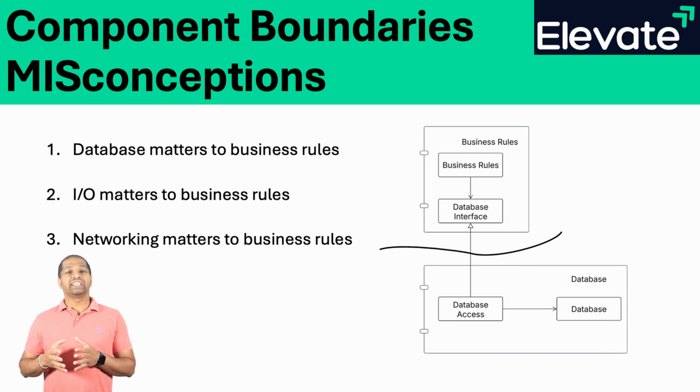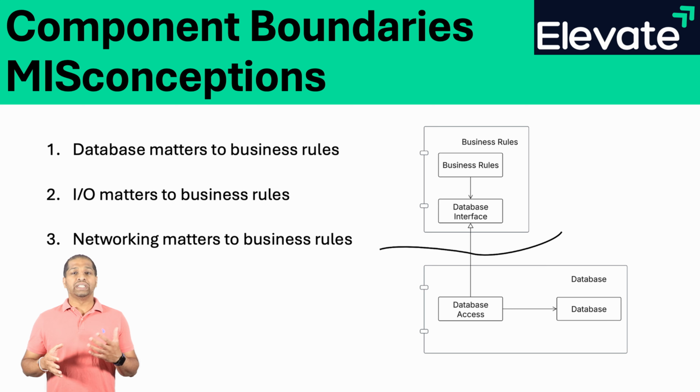There are some serious misconceptions we are going to consider next, and we often tend to take premature decisions based on these misconceptions. First misconception is that database matters to business rules. We tend to believe that business rules rely on database structure and mechanism. However, what matters to the business rules is a mechanism to extract certain records from storage.